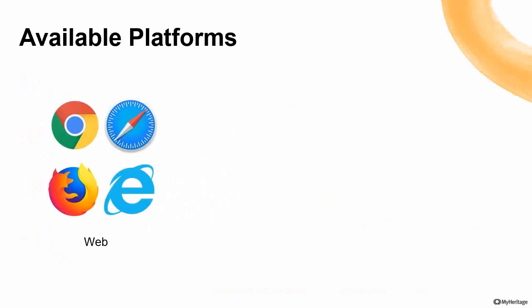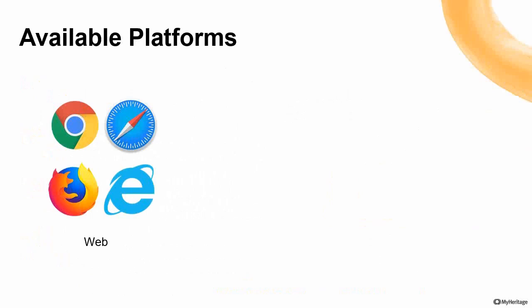But as I said at the beginning, the platform today is a web platform, and I recommend everybody, when you are starting with MyHeritage, to start on the website. It's the most convenient, easy way to just open an account, browse information and do the basic things.